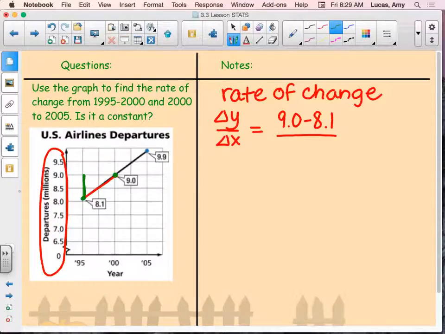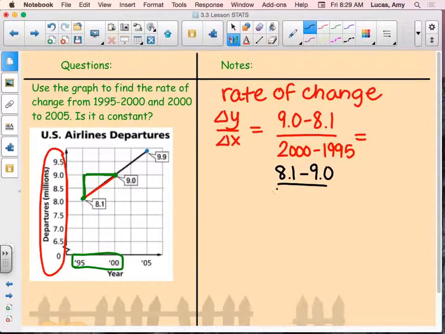And then my x change down here would be the years 2000 and 1995. It doesn't matter which direction you decide to subtract. If you want to start with the smaller one, it's okay. It's just that you'll end up with negative numbers. So if you prefer to subtract this way, go ahead. Just make sure that you are starting with both of the coordinates for this point on the left, okay? So either way you can solve this.